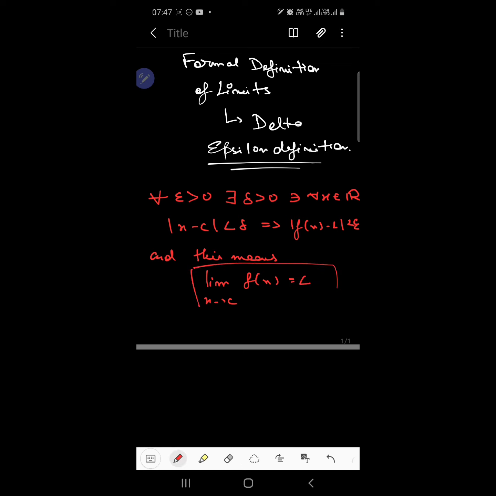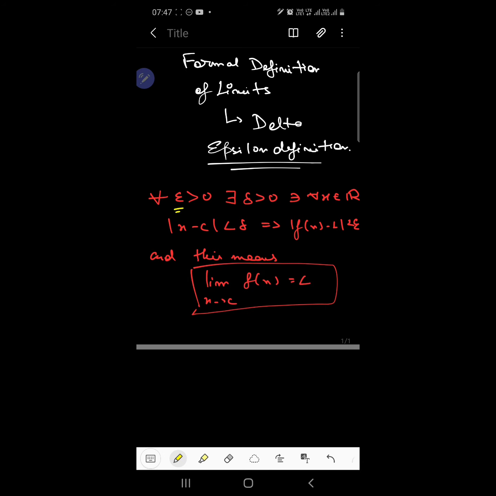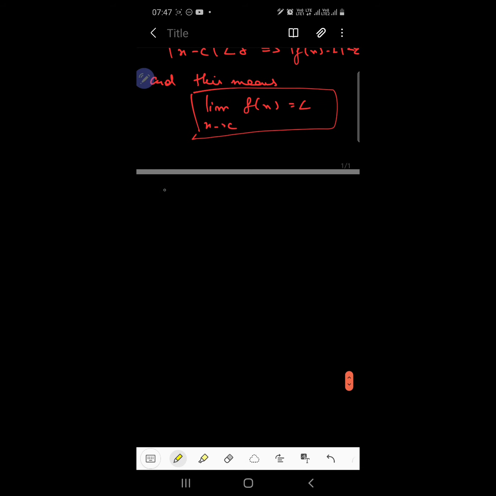So have you understood what I said? For all epsilon greater than 0, where epsilon is real, there exists some delta greater than 0, where delta is also a real number, such that for all x belongs to R, the set of reals, mod of x minus c less than delta implies that mod of f(x) minus L is less than epsilon, and this means that limit x tends to c of f(x) is equal to L. That is, the limit of f(x) is L when x approaches c.